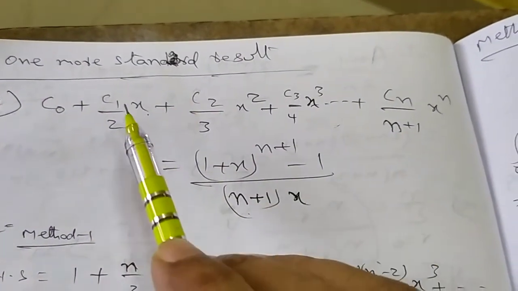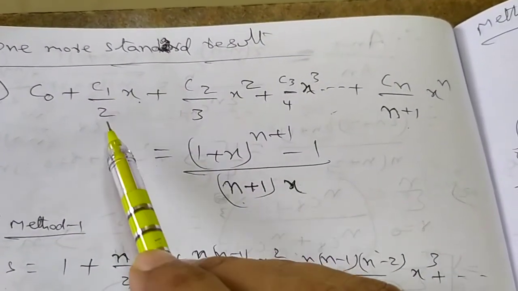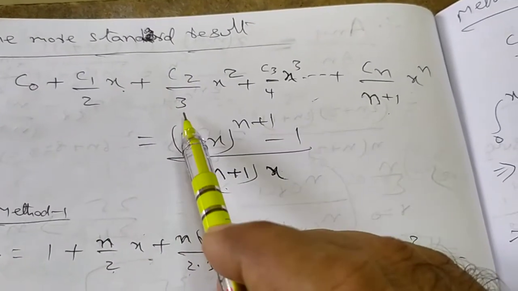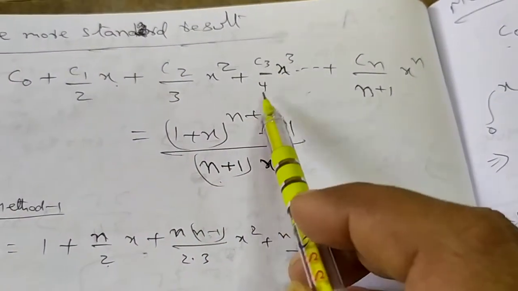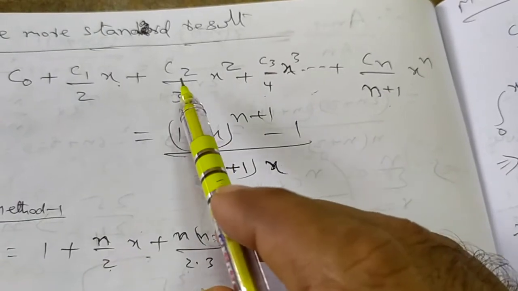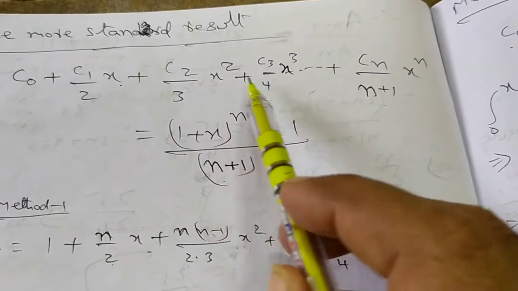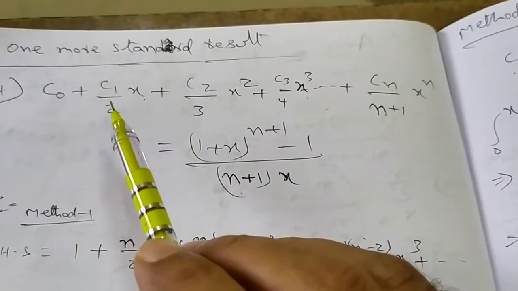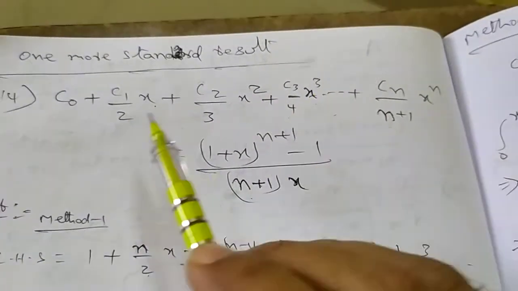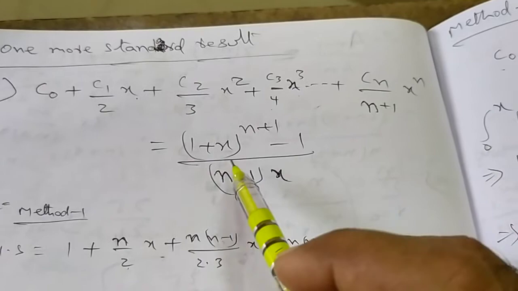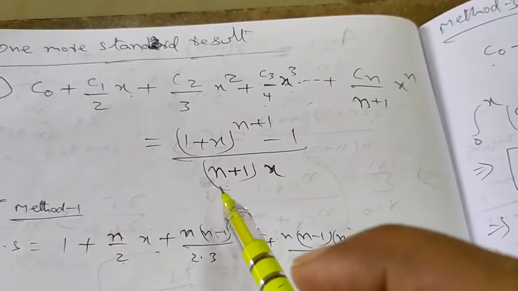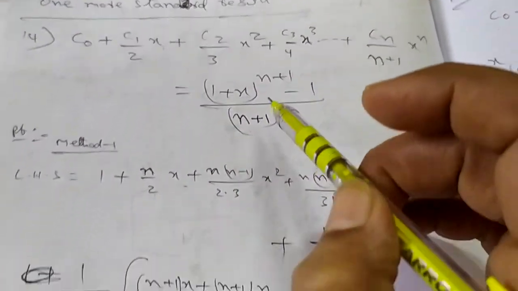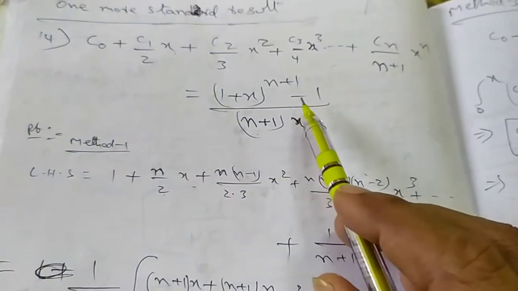See the coefficients: denominator of C1 is 2, denominator of C2 is 3, denominator of C3 is 4. So suffix value 2, x power 2, suffix value 3, x power 3 and so on. So by these conditions, the formula is (1 plus x) whole power n plus 1 minus 1 by n plus 1 into x.